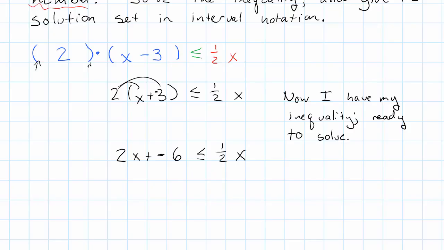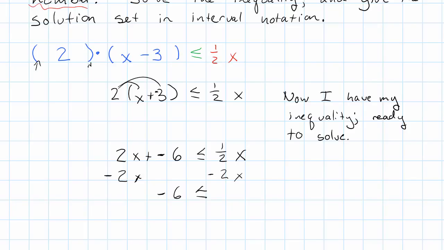Okay. Now I need to get all of the x's together on one side, all of the numbers together on the other. I see that I only have numbers on the left-hand side, so I'm going to do this by adding negative 2x to both sides. On the left, that just leaves negative 6.